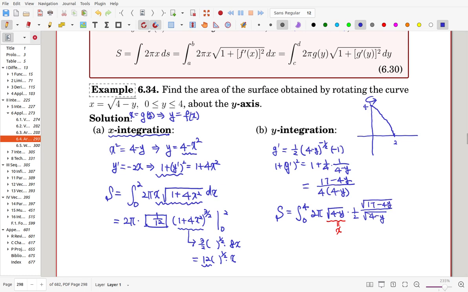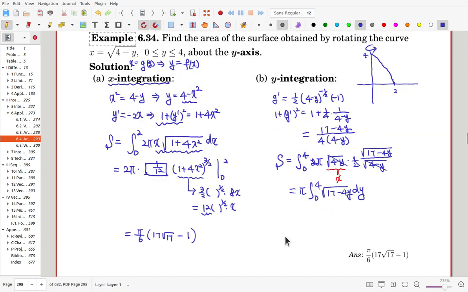Right? This will cancel out half and 2, so eventually we have pi comes out, and from 0 to 4 the square root of 17 minus 4y dy.